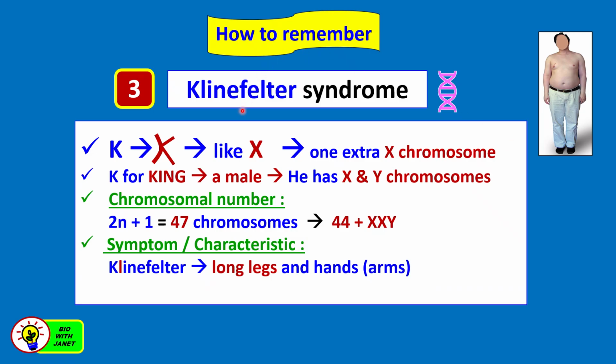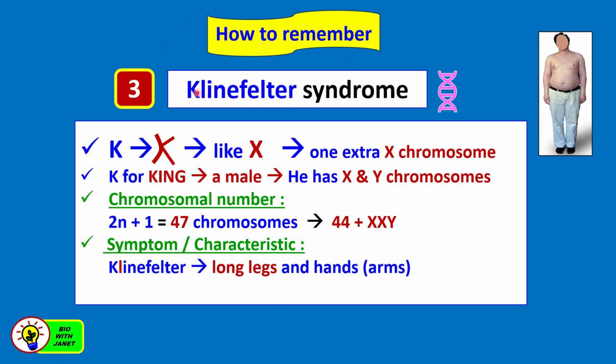Now, how to remember Klinefelter syndrome? This is another disease that is caused by a change in chromosomal number, where there are 3 sex chromosomes instead of 2, with an extra X chromosome, XXY, instead of XY. So how to remember?